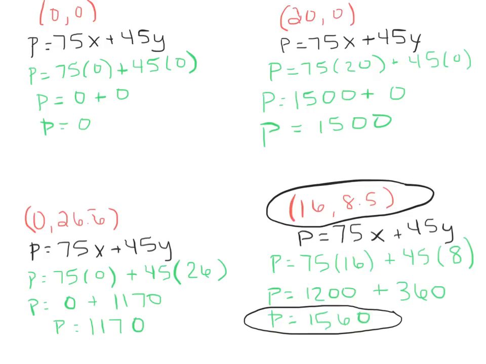So when we're answering the problem, we need to say that we need to make 16 rollerball pins, because we have our X is 16, so 16 rollerball pins, and 8 ballpoint pins, because that gives us a maximum profit of 1,560.